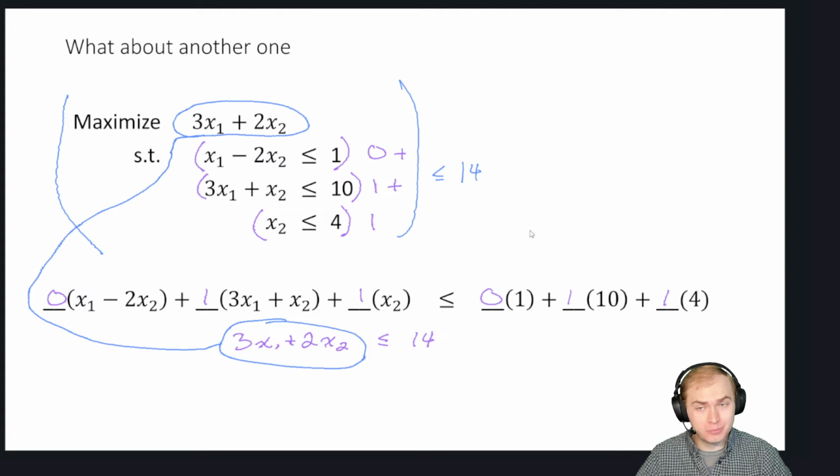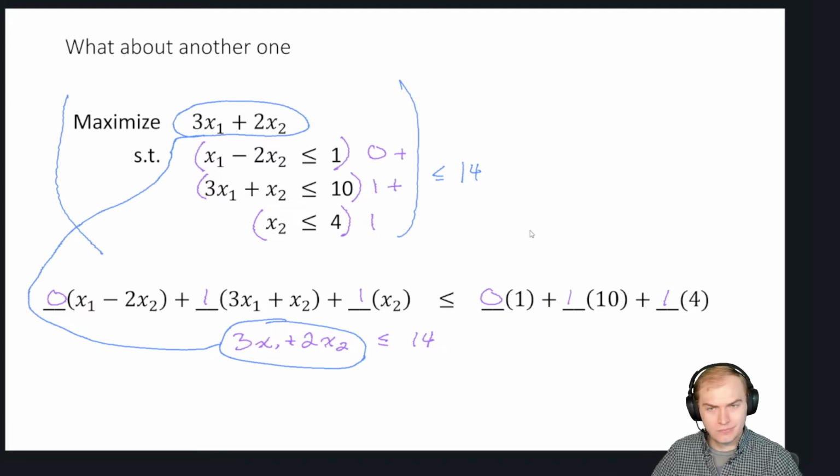Which is another way of proving that the solution we found graphically, this corroborates that it's optimal, because no feasible solution can be bigger than 14. And we found a solution that is 14, so it must be optimal.